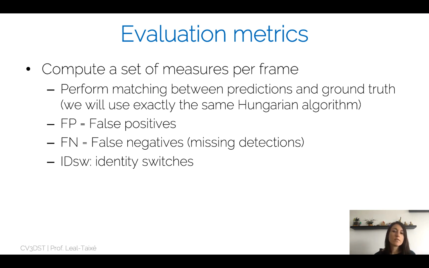And this is going to give us a set of false positives, a set of false negatives, which means detections which we have actually missed. And it's also going to give us identity switches. Identity switches is essentially what really measures the tracking performance, because here we're measuring whether we're assigning two different identities to a single ground truth trajectory. Once that happens, then we have an identity switch.